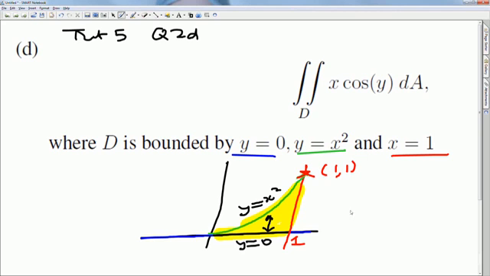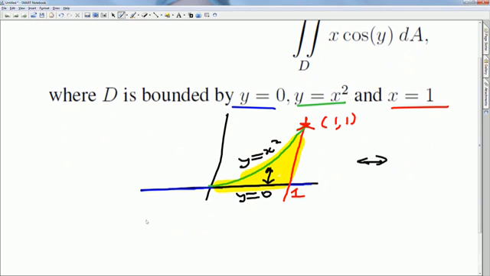You could also consider it horizontally, going left and right, and you consider the leftmost curve, which would be x equals the square root of y, and the rightmost curve, which would be x equals 1. And you can do the limit of x first if you wanted to. Because we've got cos y, which is easy to integrate as it is, let's just try that one first. That's the natural way the questions are asked, so let's try this way.